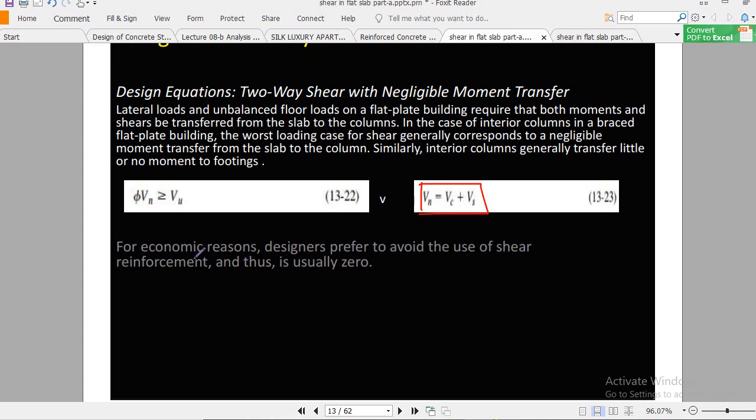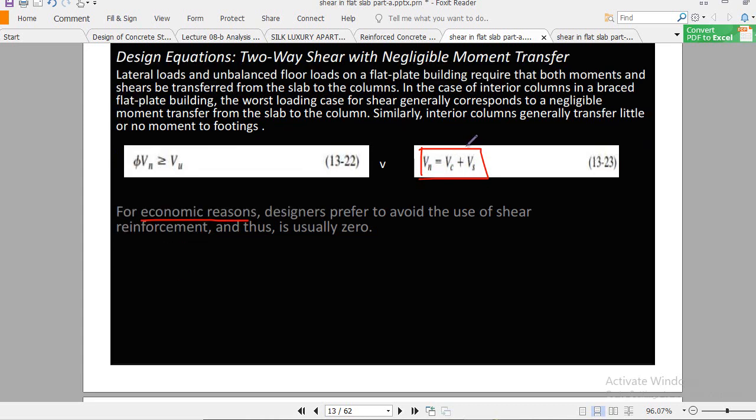Here is the reason that in the initial part of the lecture I said, don't try to use shear reinforcement. Always try to control the shear by using Vc. This is for an economical reason, because when you are placing shear reinforcement, it needs labor and more time.